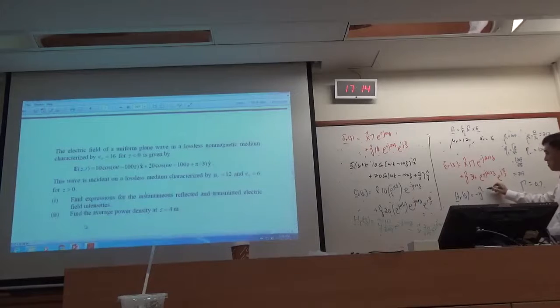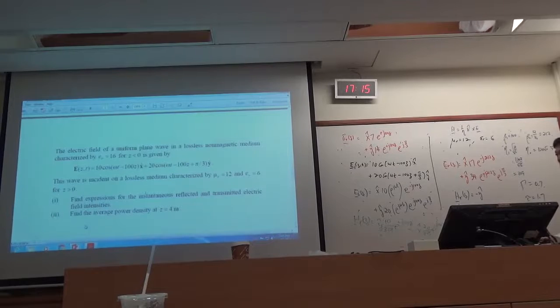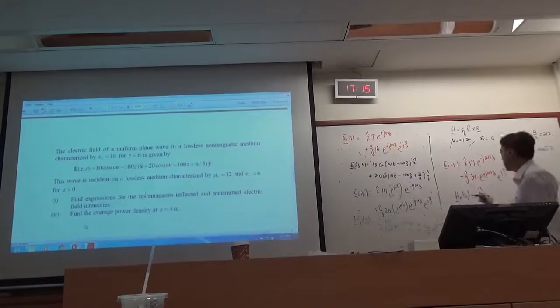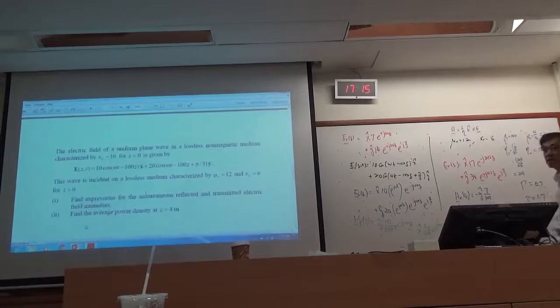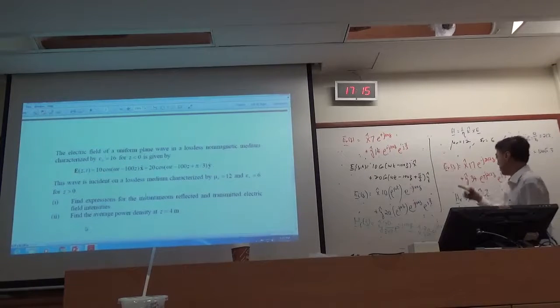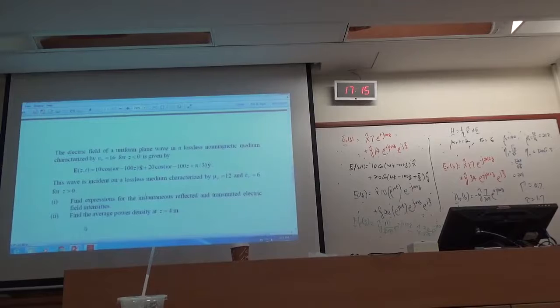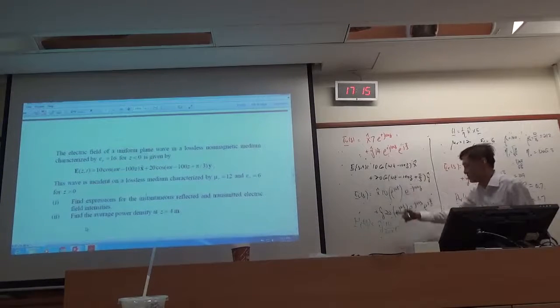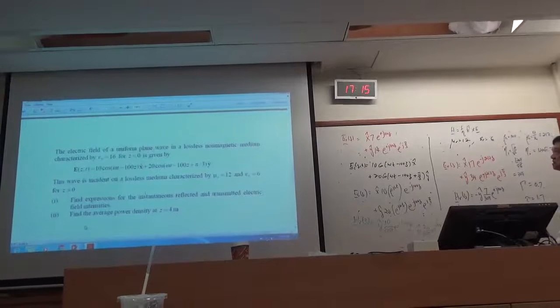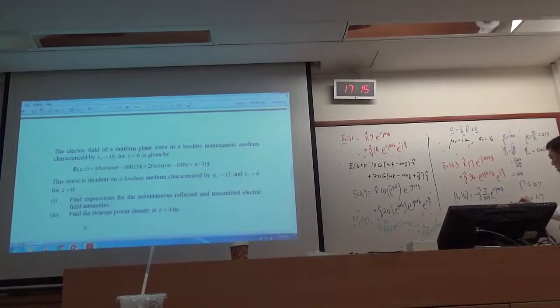So this is minus Y. Then what? 67 over 30 pi, because E and H are always related by zeta. So e to the plus j100z. The electric field didn't change direction, so the magnetic field must change, so it's plus X: 14 over 30 pi e to the plus j100z e to the j pi by 3.